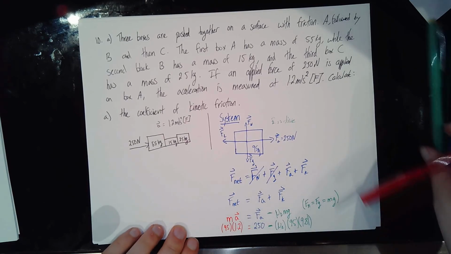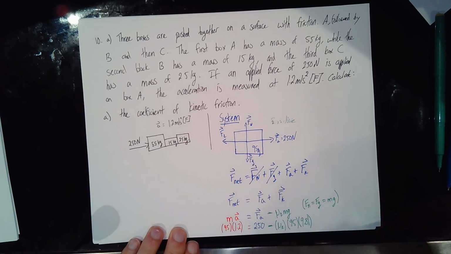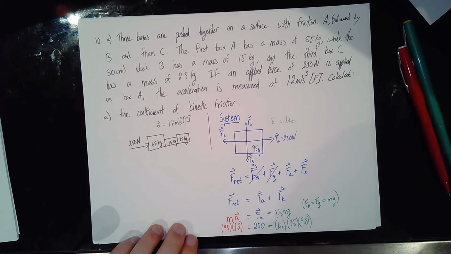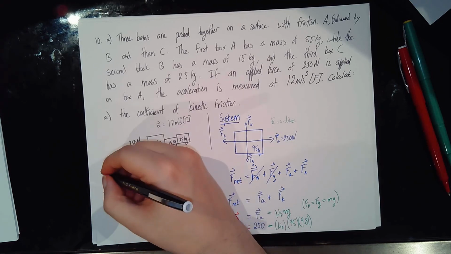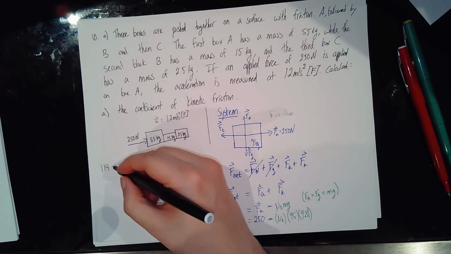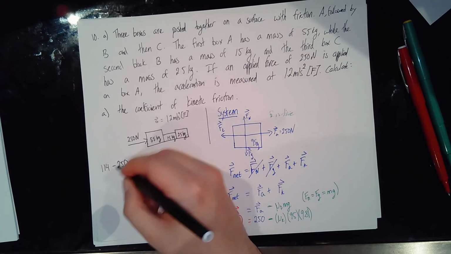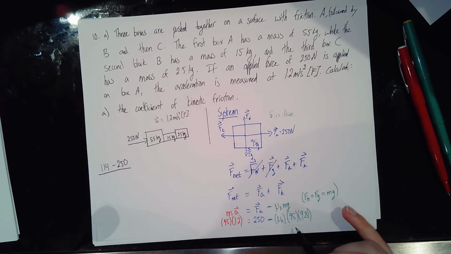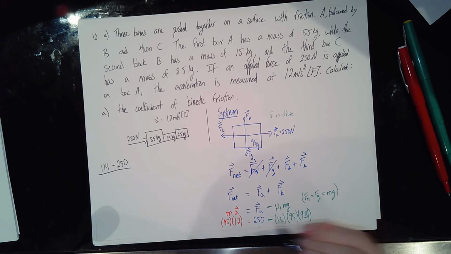And so we're going to do some algebra off to this side. 95 times 1.2 is equal to 114. I'm going to subtract this 250. And then I'm going to divide both sides by 95 and by 9.81.